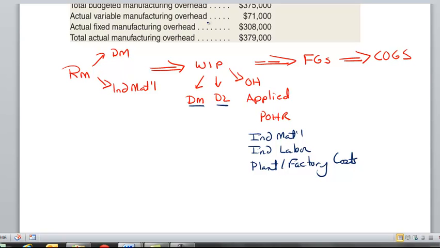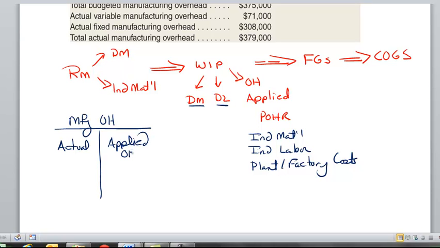Now, one of the things students need to understand is over and underapplied overhead. So when you look at the manufacturing overhead account, the debit side is always for actual cost. The right or credit side is for the applied overhead. So when you're asking yourself, am I over or underapplied?